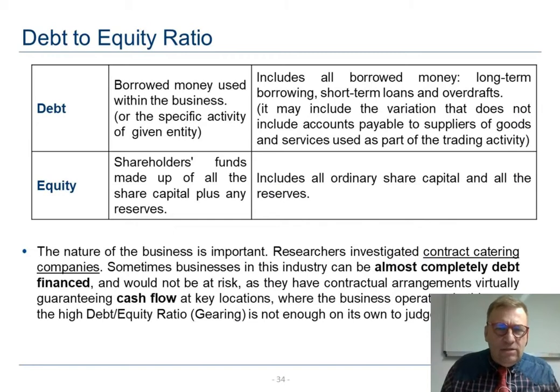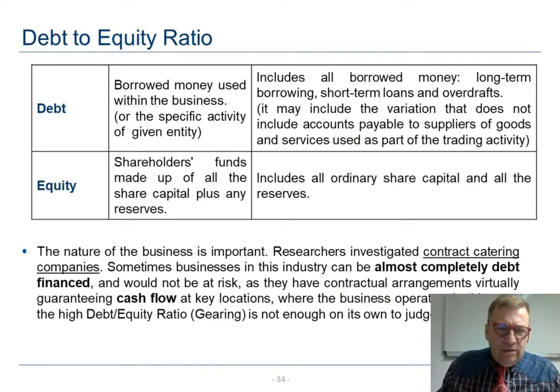Just what is considered to be a debt, something that you owe. And equity is shareholders' funds made up of all the share capital plus any reserves. So it includes all ordinary share capital and all reserves.